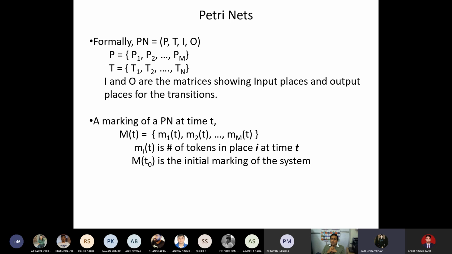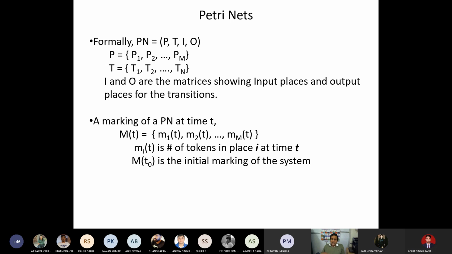Sir, it's a 2D matrix. Okay, a 2D matrix, and the contents will be in what form? Sir, zero and one, and the rows are places. Yes, 0 and 1.